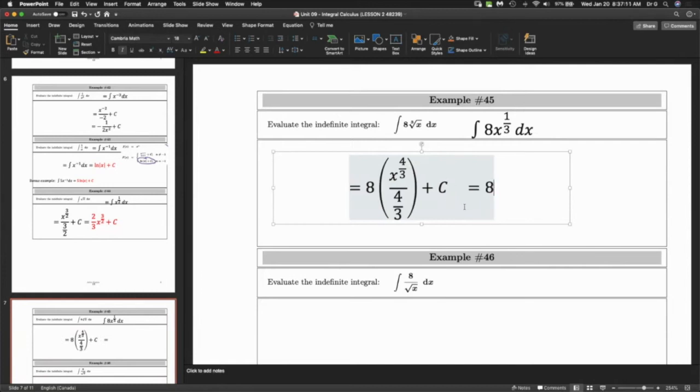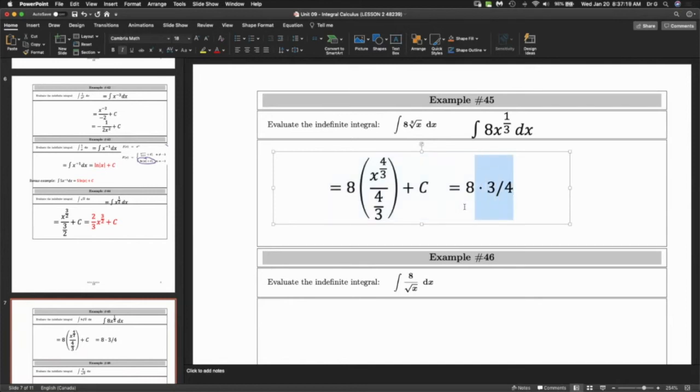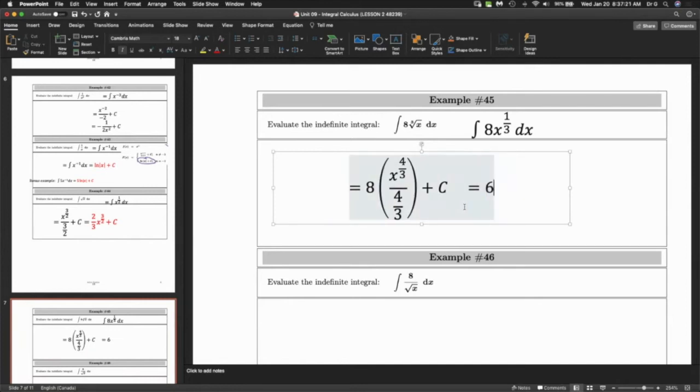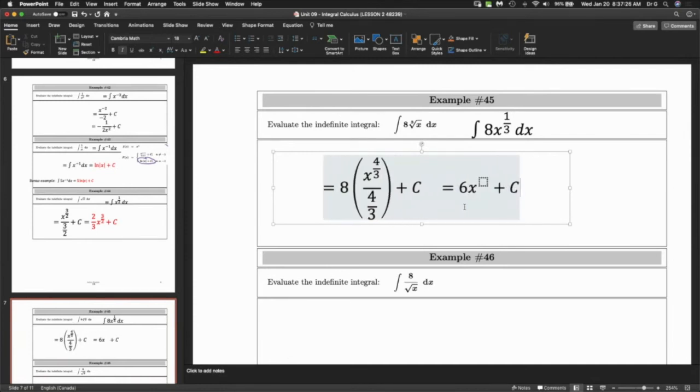And now it's going to be 8 times 3/4. So 8 times 3/4 is equal to 24 over 4, which is 6. So it's 6x to the something plus c. There's the answer.